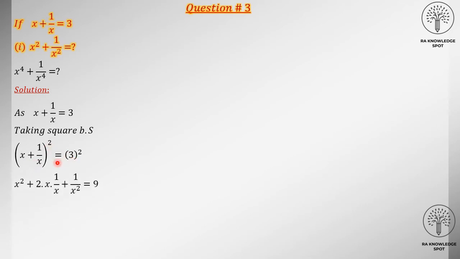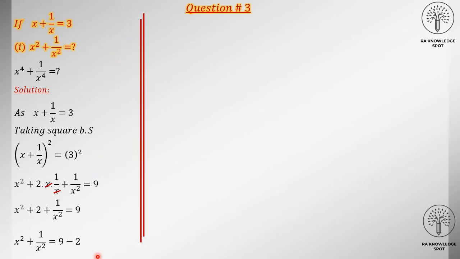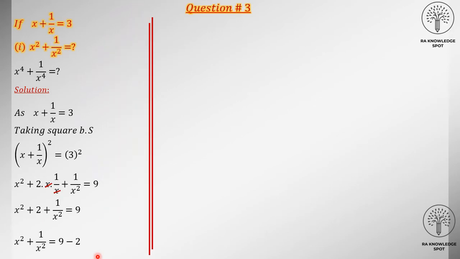After opening with the formula a square plus 2ab plus b square, 3 3s are 9. The x is cancelled with the x, and the 2 stays as it is. In another step we shift this 2 to the other side, and what will be the value? Just guess the value. That will be 7. You can call it equation number 1.